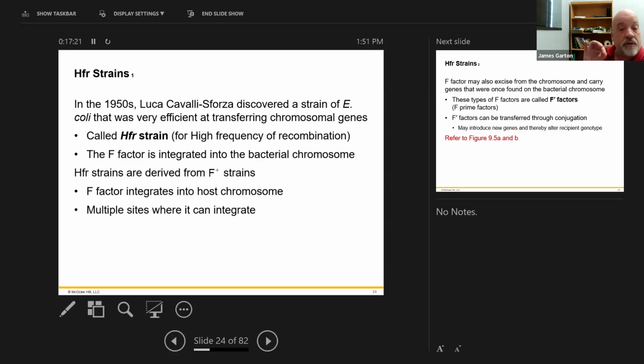And in this case, it turns out the F factor is integrated into the bacterial chromosome. And so you can make HFR strains from F plus strains. And it turns out there are many locations on the bacterial chromosome where this integration can happen.